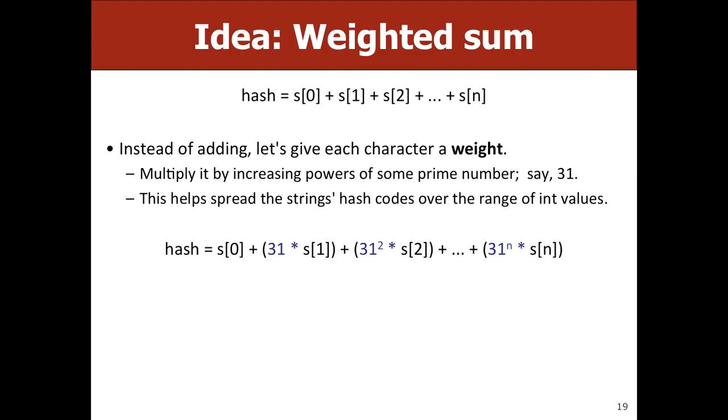So the 0th index is just itself, and then the first index is the character multiplied by 31, and the second index is itself multiplied by 31 squared, and so on, just to get a better distribution. Does that make sense? Kind of what we're doing here?